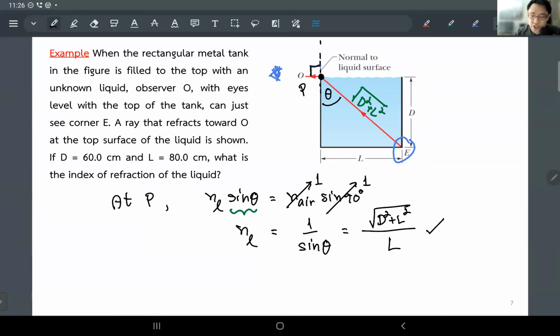And the good thing is that this is a good point to check your final result. This number is larger than 1 as expected, because we pretty much agree that n couldn't be 1, because this liquid is not supposed to be a vacuum. So the only choice is that n must be larger than 1. And the rest, just plug in the numbers and you're done.